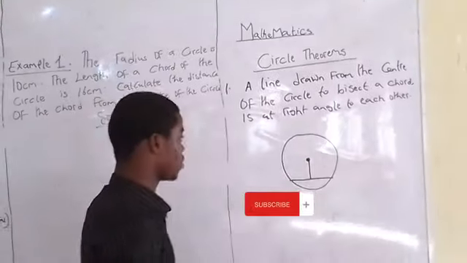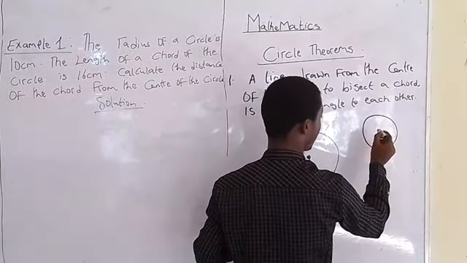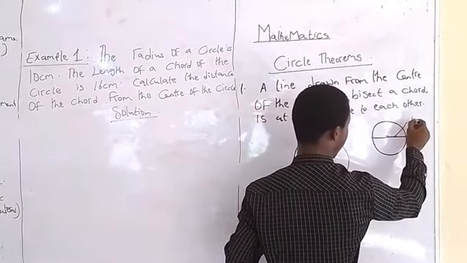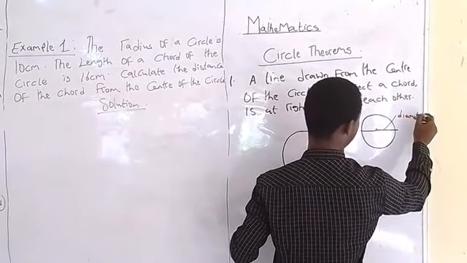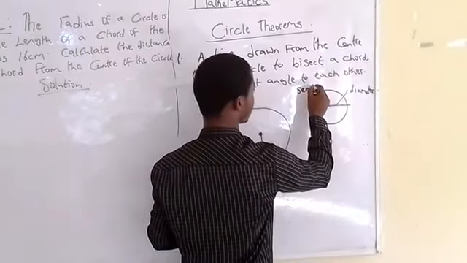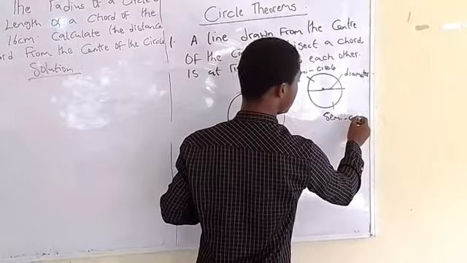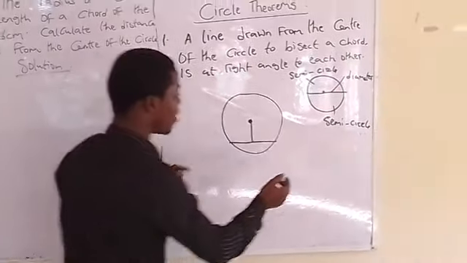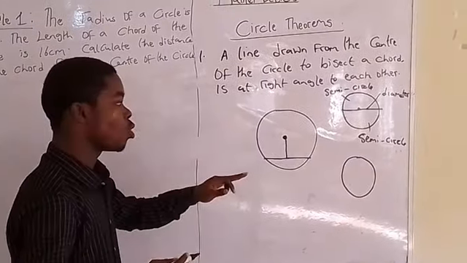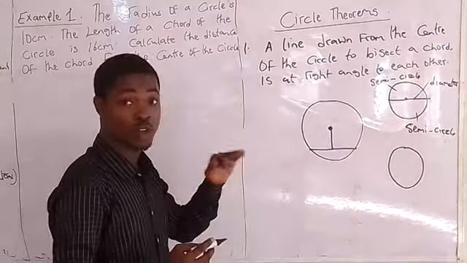Now, please pay attention. Remember that if we have a circle like this, and this is the center of the circle, any line that passes through the center of the circle and divides the circle into two equal parts is called a diameter. And if a diameter divides the circle, it divides that circle into semicircles. So this is a semicircle, and this also is a semicircle again. Meanwhile, now imagine that this is a circle, and we have a line that divides the circle into two parts, but not two equal parts, and does not pass through the center of the circle.